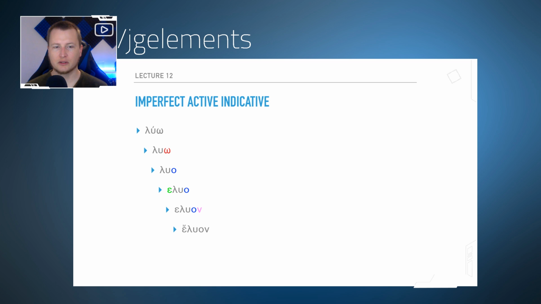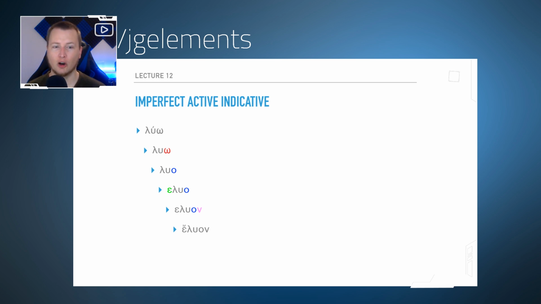So here's how it works. You start with the present tense stem. Okay? Present tense stem being in first person singular, luo, right? Well, it's really luo with an omicron. What we saw is the omega crept in due to ablaut. Okay? So luo with an omicron.